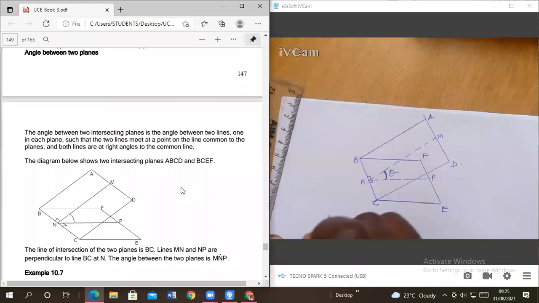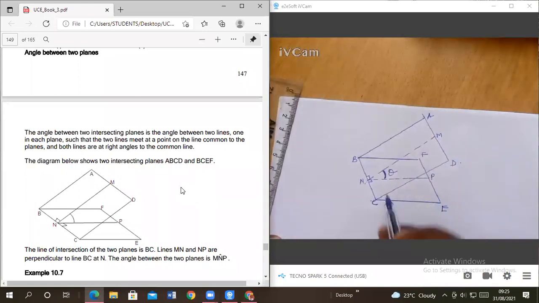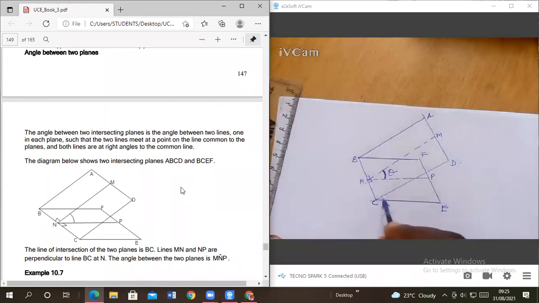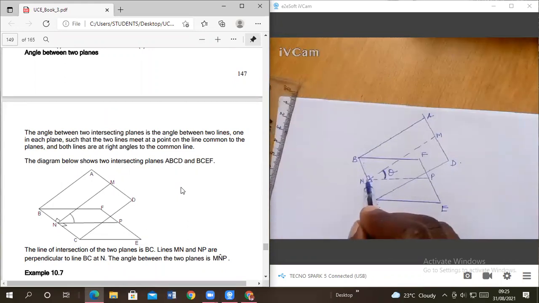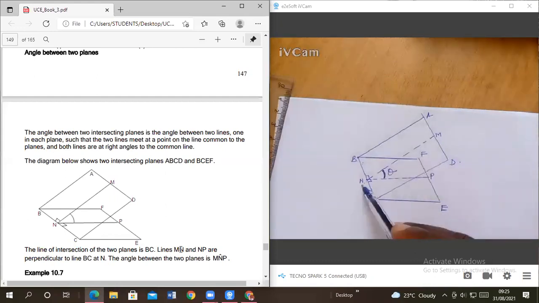And angle theta now is the angle between the upper plane and the lower plane. And always that point N is at the common line of the planes. The common line of the planes is BC. So they're saying the line of intersection of the planes is BC, line MN and NP are perpendicular to BC.